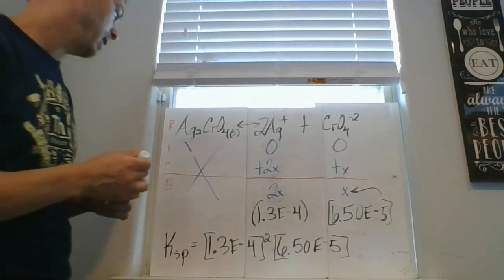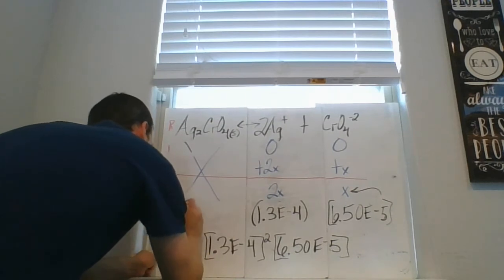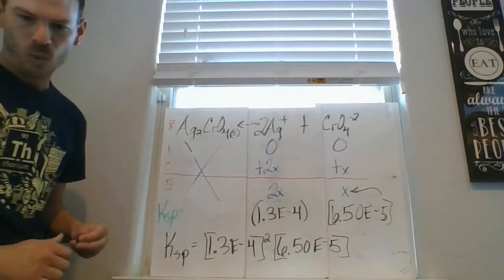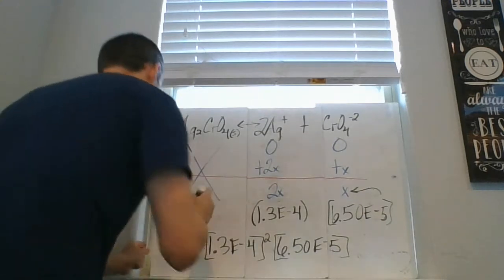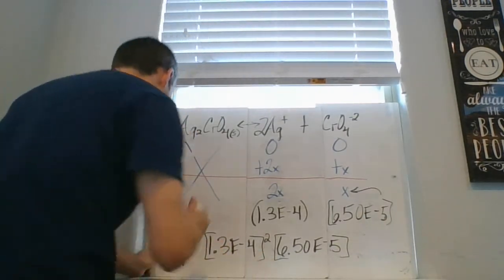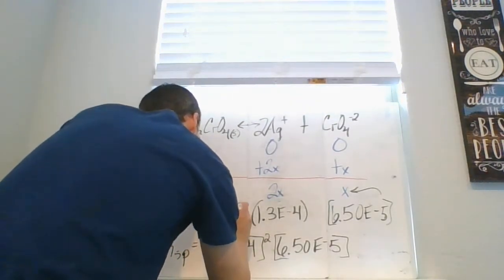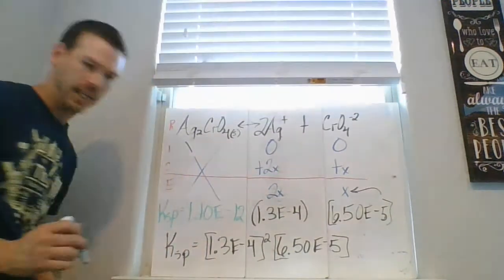And then Ksp is going to equal 1.10 E negative 12. I'm sorry, you know your sig figs are good, right? 1.10 E negative 12. That's your answer there in green.